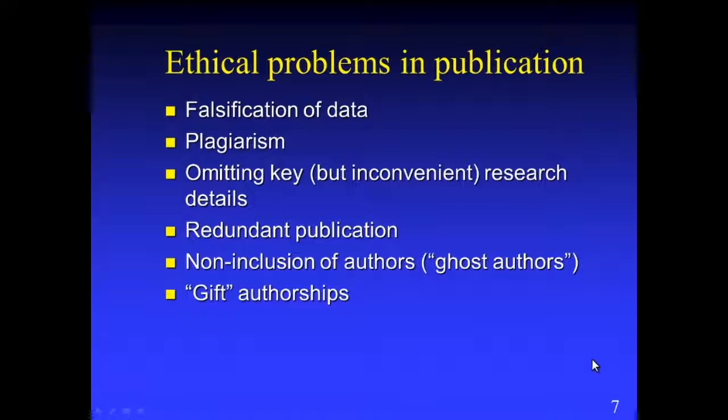So speaking of publication, there's quite a lot of issues in publication, aside from just non-publication, and probably the most egregious is falsification of data. And this happens, unfortunately, all too commonly. Usually people get caught out because their results are not replicable.